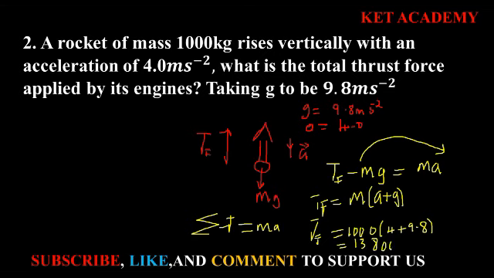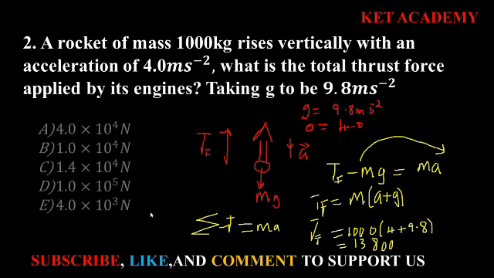13,800. So if we look at our options, C says 1.4 times 10 to the power 4. So if we convert this to standard form, we'll definitely move the decimal point like 1, 2, 3, 4.